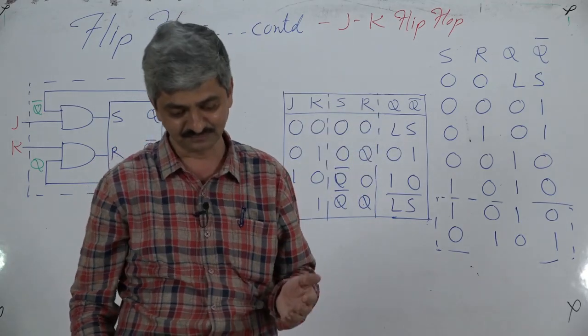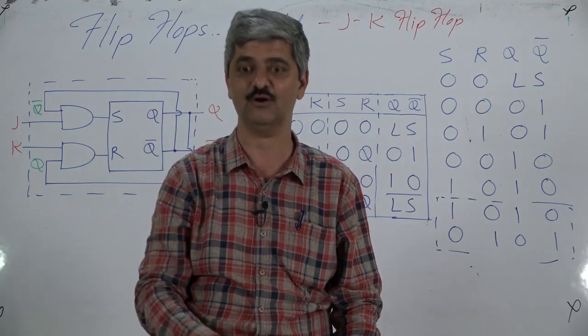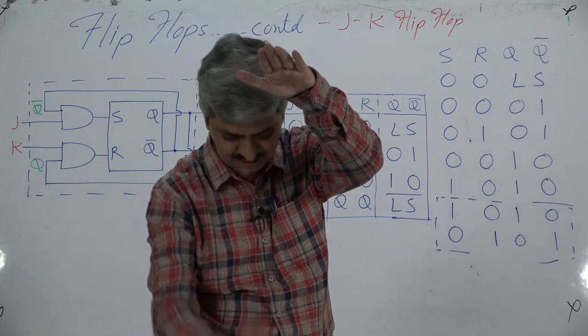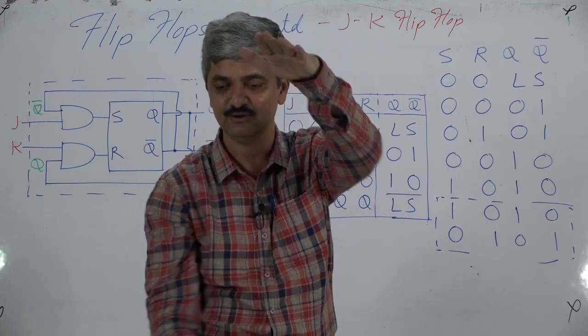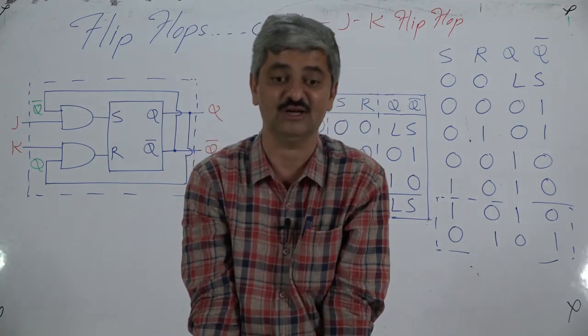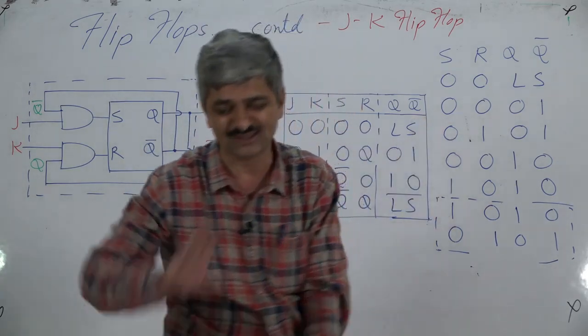It is just like, suppose you have two platforms and you throw a ball. If the ball comes here, it rebounds here. If it hits here, it rebounds here. It is never ending. So, if J and K are 1 1, this is called toggling. It is always a toggling state.